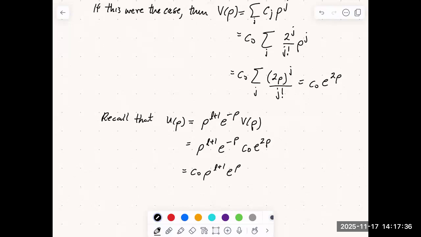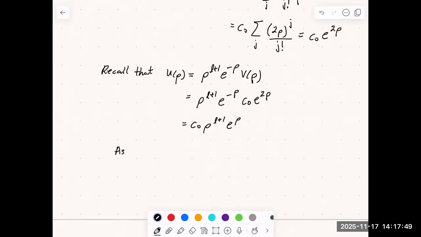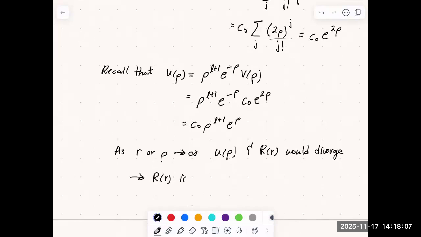Even if I multiply by r to get back to the radial part, the exponential dominates the behavior. So I don't care about that power out front, that power of rho. So as r or rho goes to infinity, the u of rho and R of r would diverge, which means that R of r is not normalizable in this case.